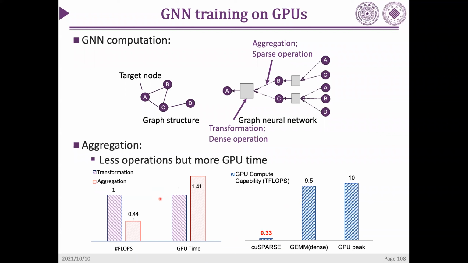That's why the GPU time of the transformation is low: although the flops are high, the basic components are very highly efficient. For the sparse aggregation, cuSparse is very, very inefficient, so the GPU time will be more than the transformation part.